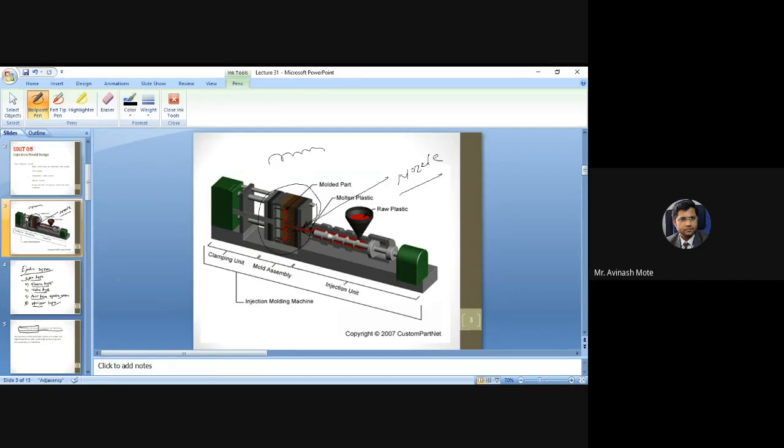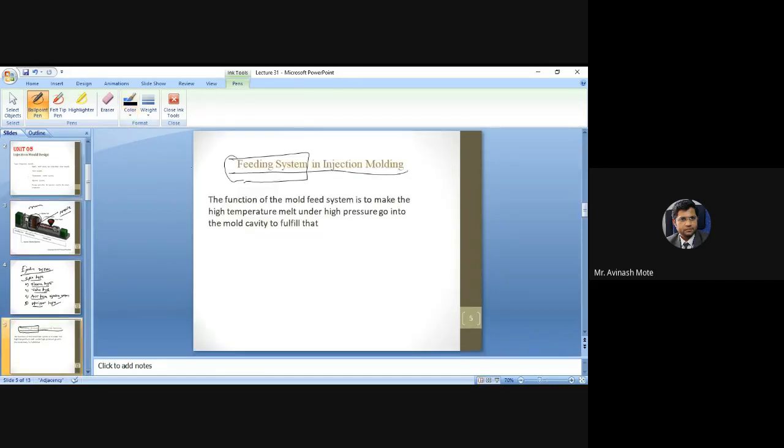Now the function of the mold feed system is to make high temperature melt go under high pressure into the mold cavity. Simple mechanism. The feeding mechanism's role is that high temperature molten material under high pressure is to be carried to the cavity.